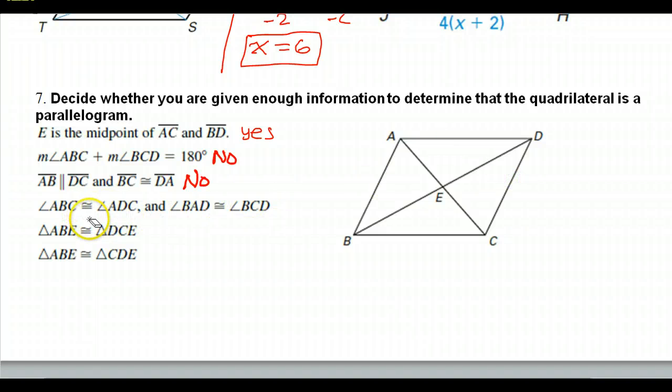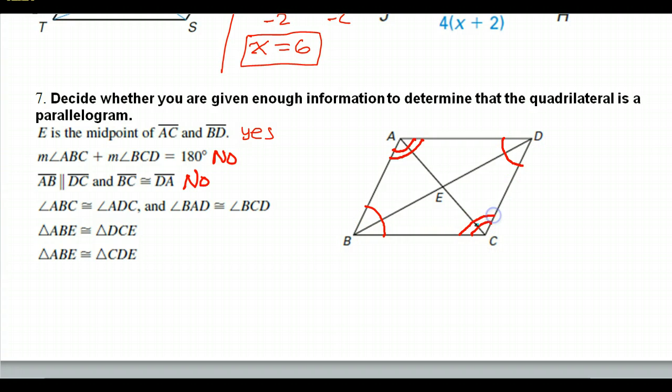Okay, what about these? Angle ABC is congruent to ADC. Okay, ABC is this one again. ADC is this one. And BAD is congruent to BCD.